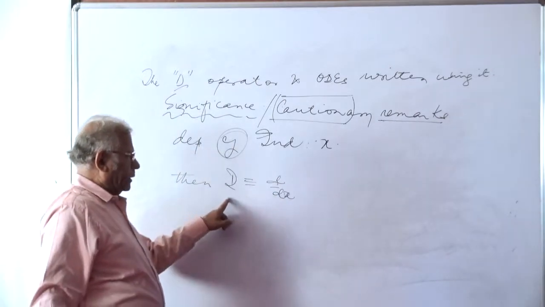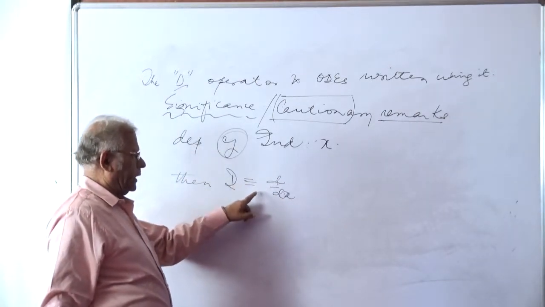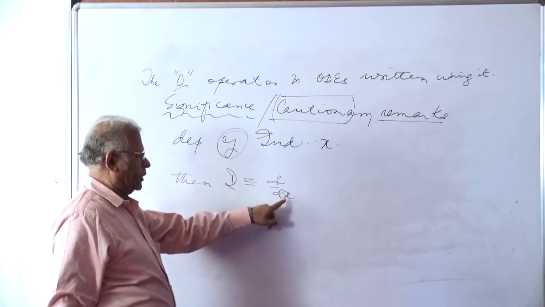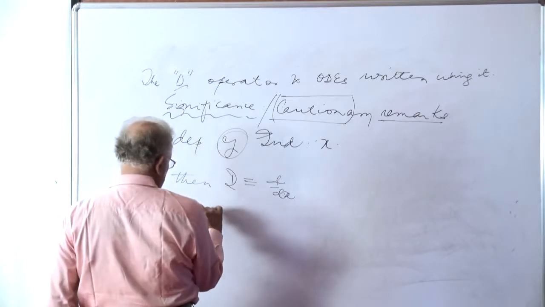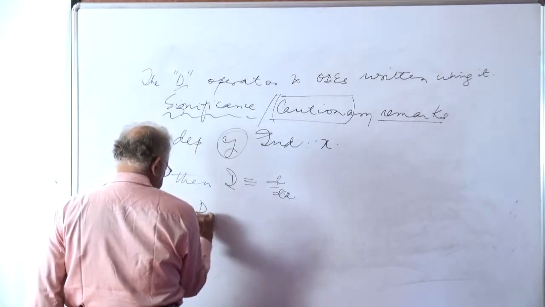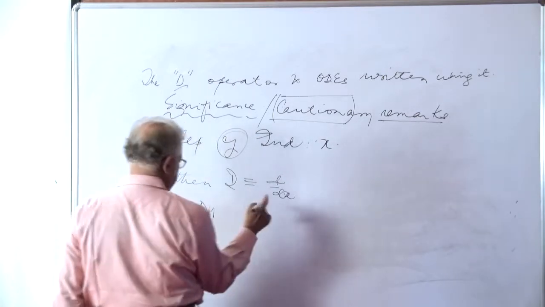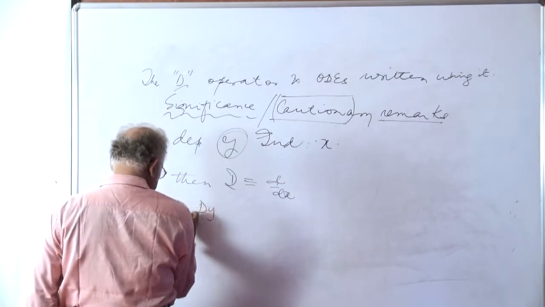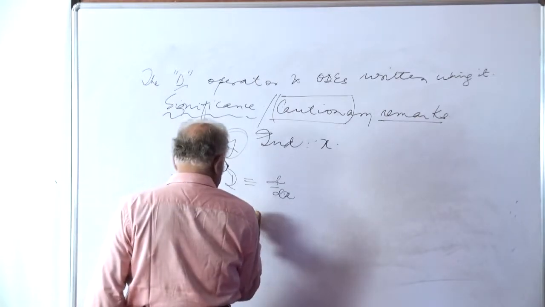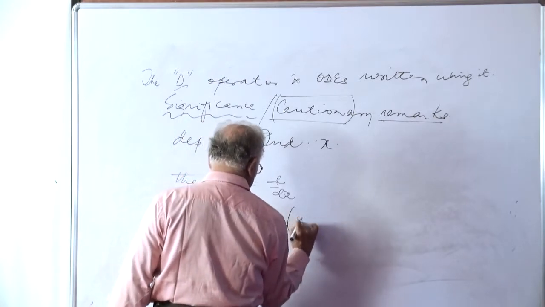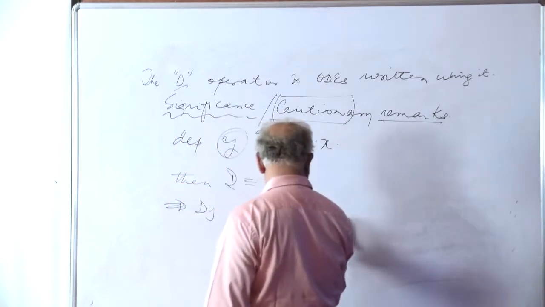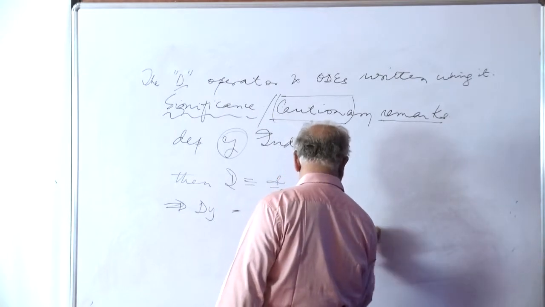It is an operator and is equal to differentiation with respect to x. When we write Dy, in this context it would mean the operator d/dx operating on y, and that's nothing but dy/dx.